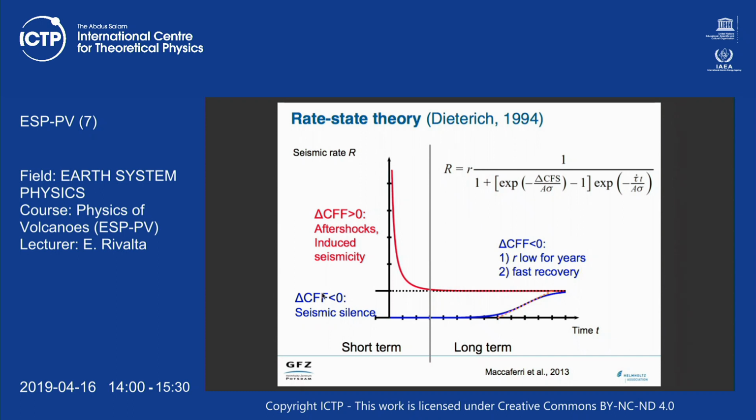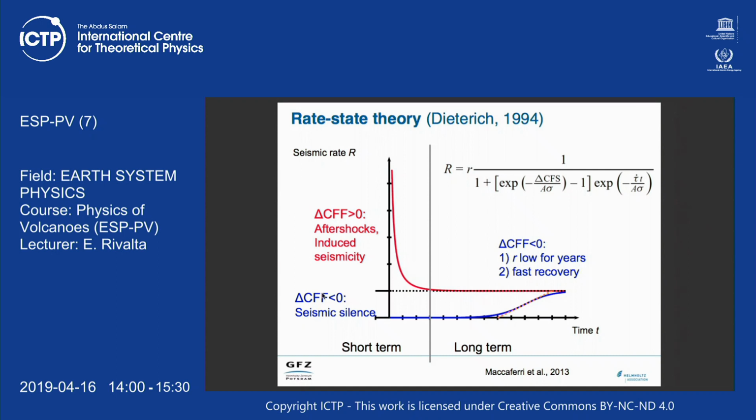So it will go up a lot, but how big the Coulomb stress change is will determine how big the peak is, but not so much the time of recovery. So you have your seismicity rate normalized at 1 before, you have a step change, and then you create this very big jump.